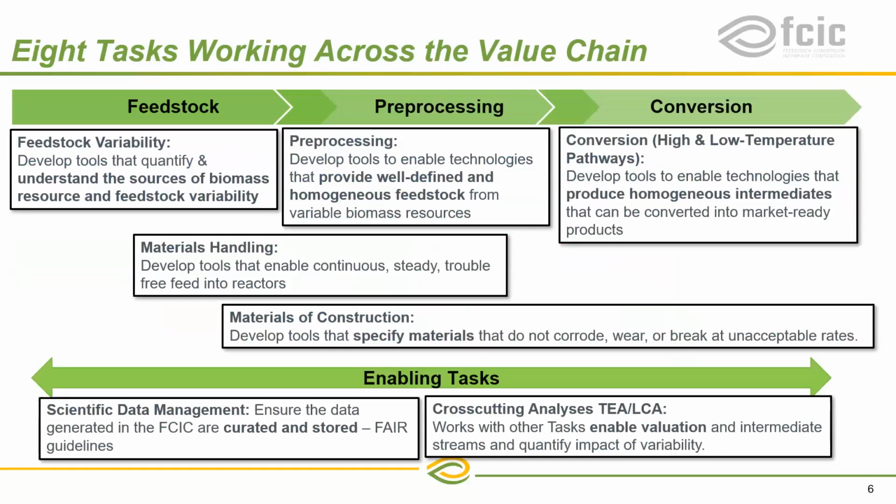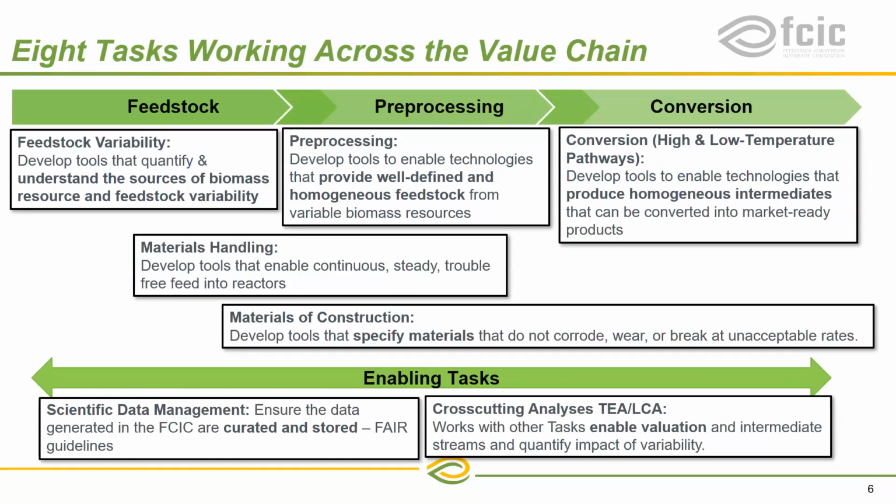So enough about the background of the FCIC. How are we organized? We are 8 high-performing tasks working across the value chain: feedstocks, preprocessing, and conversion. We start with feedstock variability, which is developing tools to quantify and understand the sources of variability in those biomass resources.